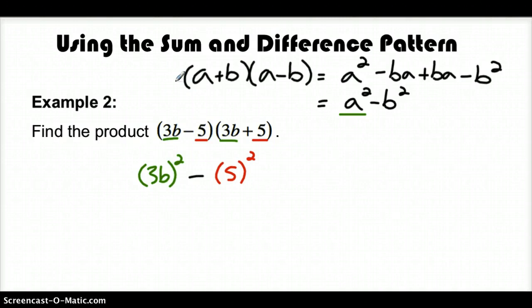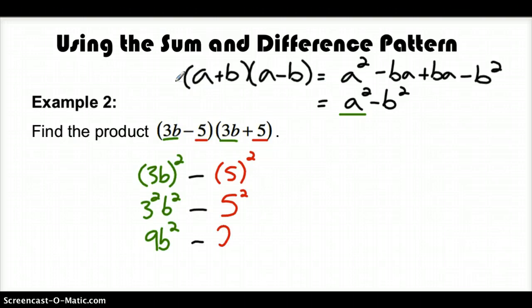The 3b squared is the same as 3 squared b squared, and 5 squared is obviously 25, but we'll wait a second. Now we evaluate all of these exponents, so this is going to be 9b squared minus 25.